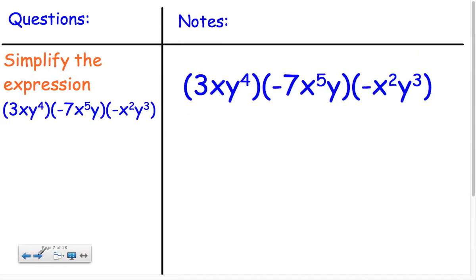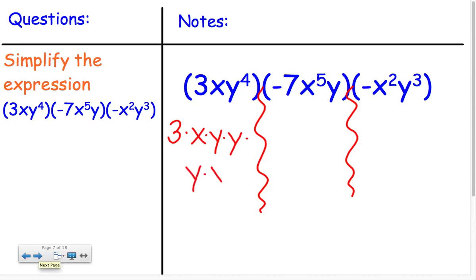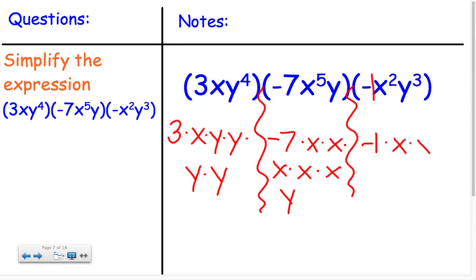Now we've got 3 monomials that we're multiplying. So instead of just one squiggle, I'm going to do 2 in between each parenthesis. So I'll write it out. 5 x's, 1 y. Now that negative x, what I would do is I put a 1 in front of it. So it's like -1 times 2 x's and 3 y's. We don't want to make all the x's negative.